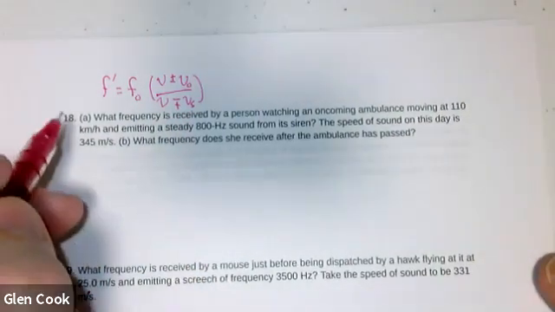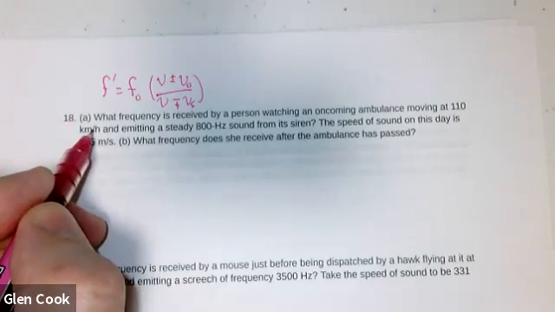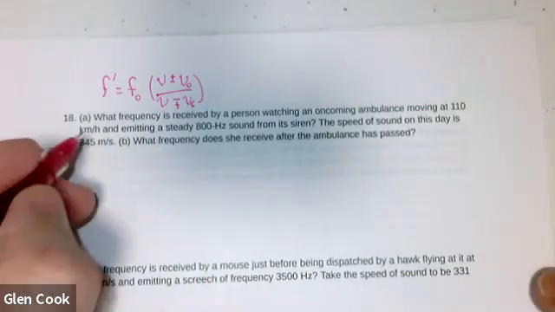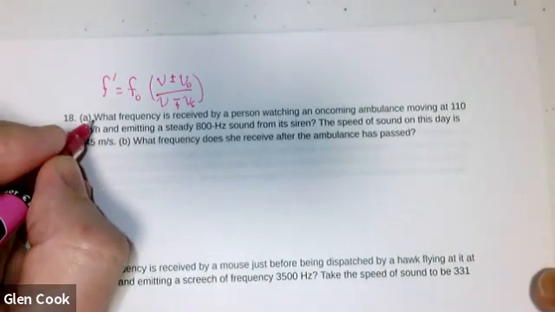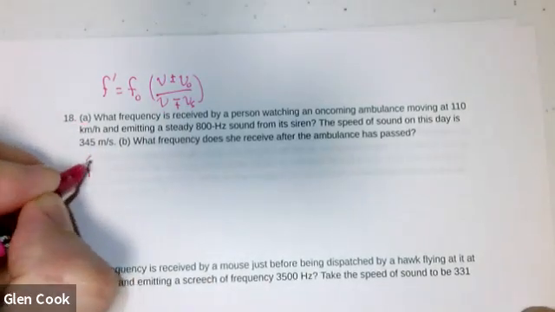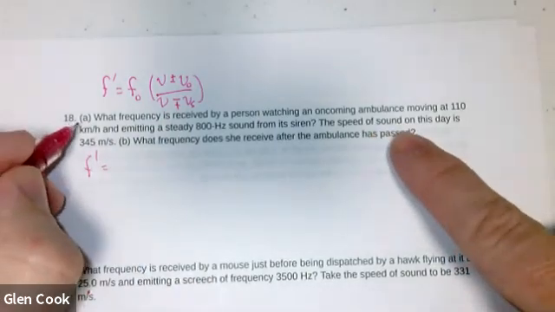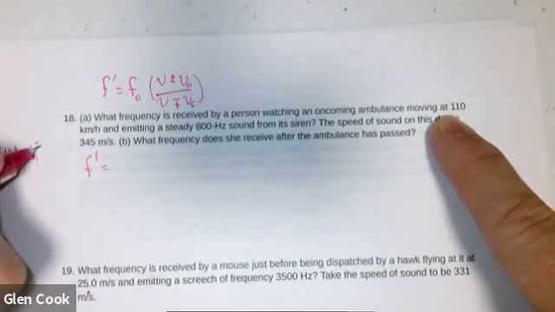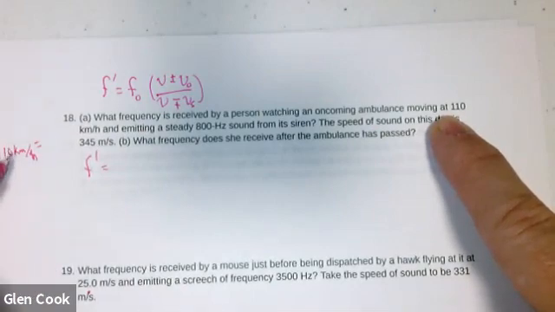So in the first picture, the ambulance is moving toward the observer. The observer is assumed to be stationary. So V_O has a 0 value. And so we're going to find out what frequency is heard for a 110 kilometer per hour ambulance. So I have to turn that to meters per second. So 110 kilometers per hour, turn to meters per second. I'm going to take 1,000 meters per kilometer and 3,600 seconds per hour.